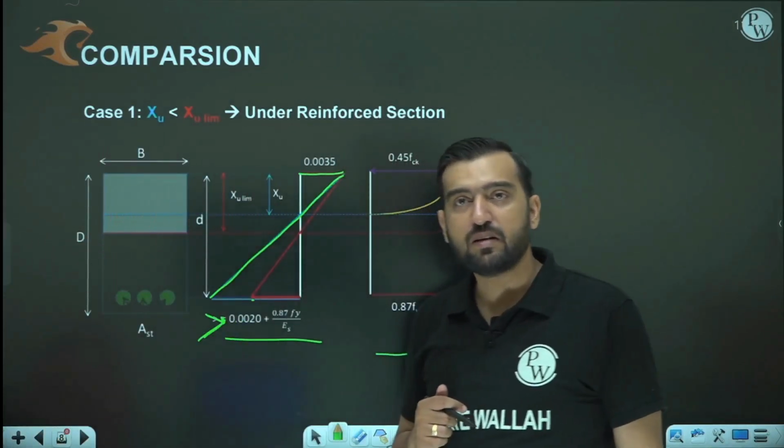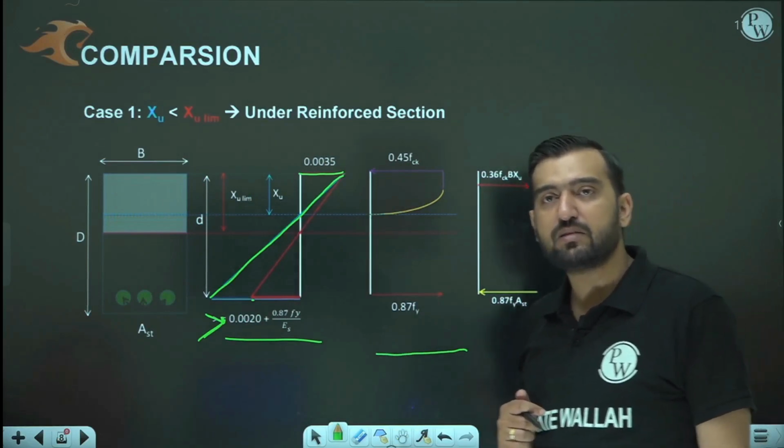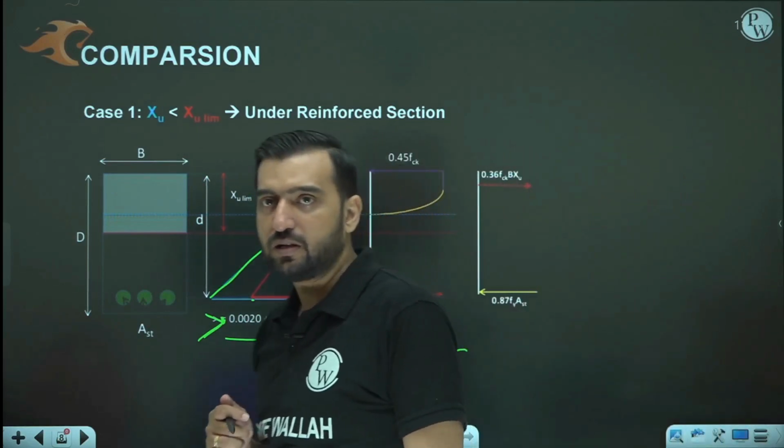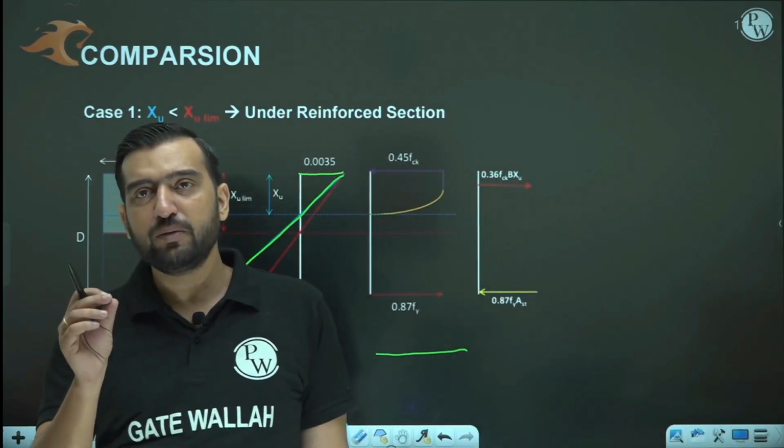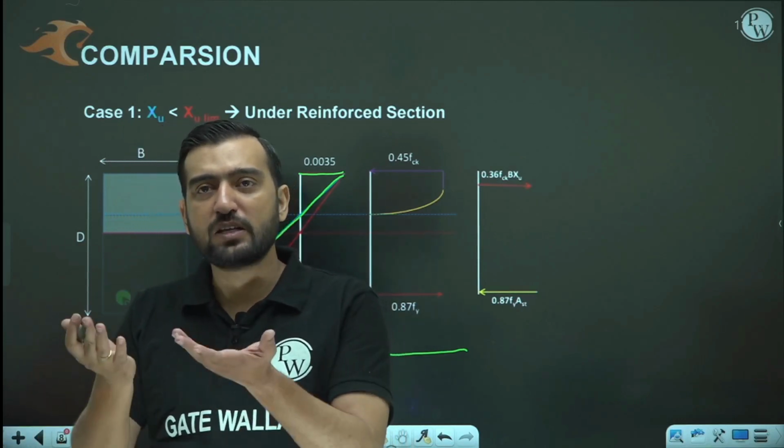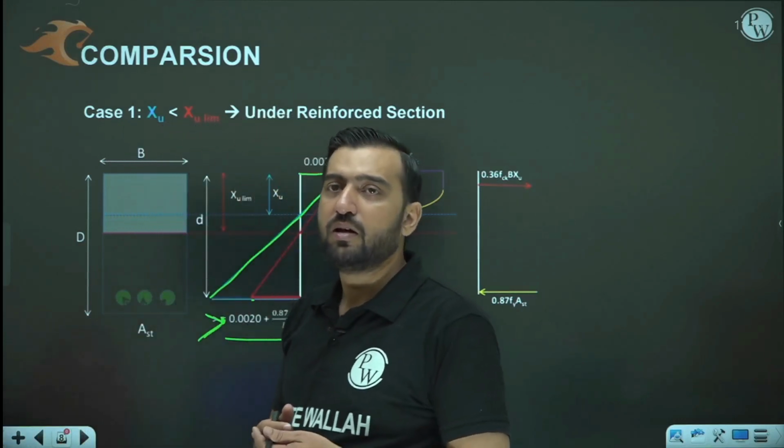So that is the reason why we call this section an under reinforced section. Means reinforcement is on the underside. We could have increased some amount of reinforcement.